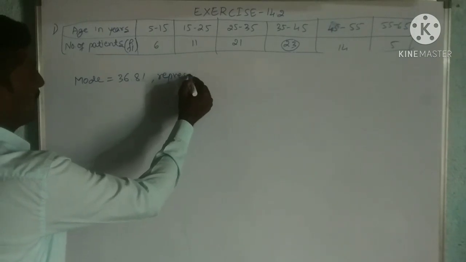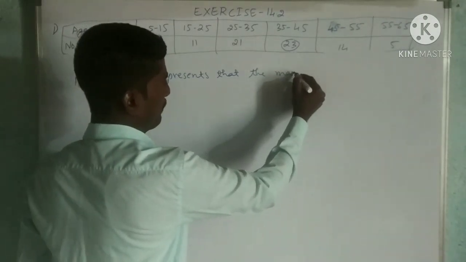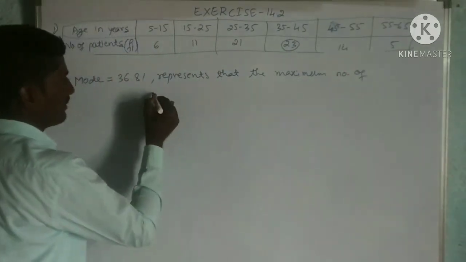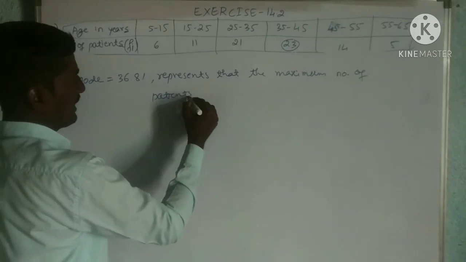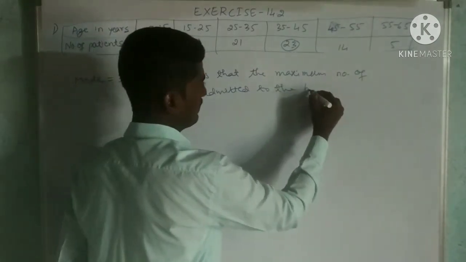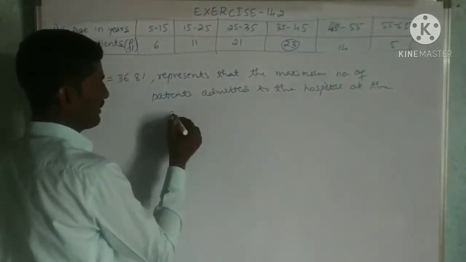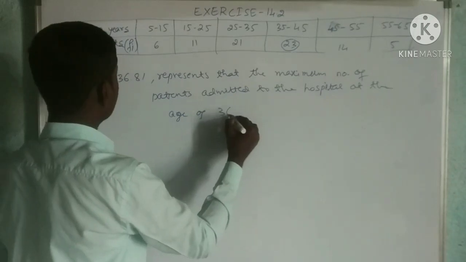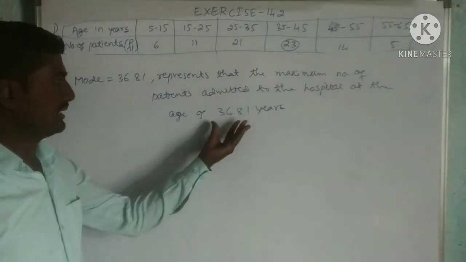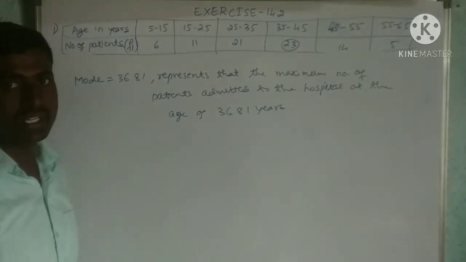It represents the maximum number of patients admitted to the hospital at the age of 36.81 years. So mode is nothing but the maximum.